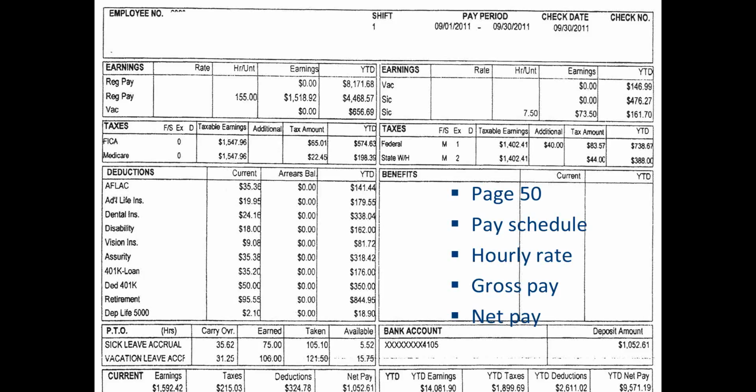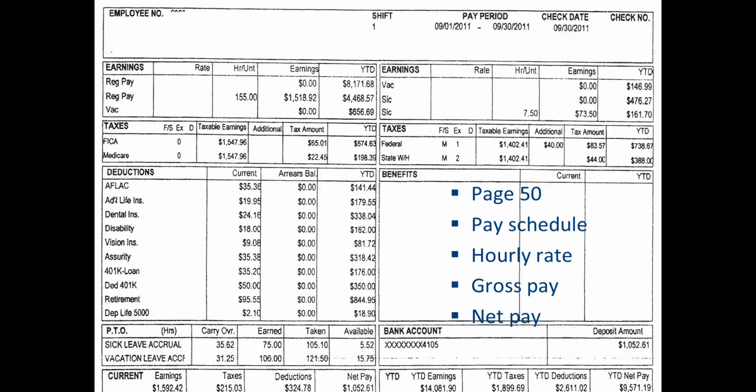Now this pay schedule also has regular pay, but then we also have over on the right-hand side, you might see something similar to this, if someone is getting sick pay or they took a vacation in this pay period. So under earnings on the right side, you can see under their sick time, they got paid for 7.5 hours.